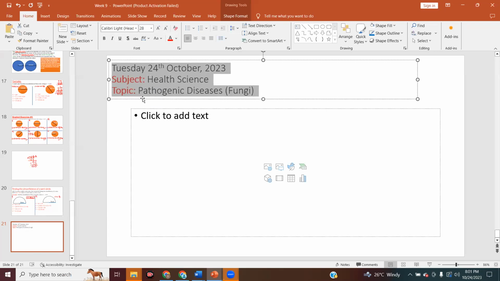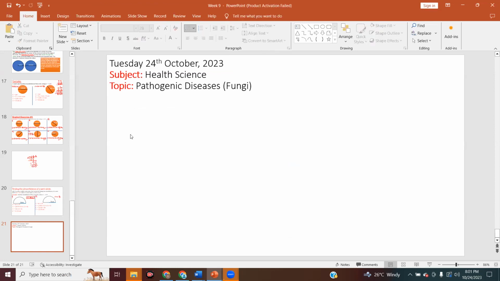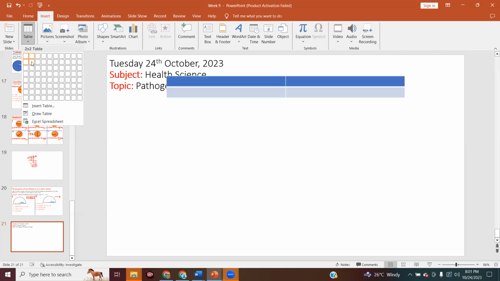All right, so when we look at fungi, when it affects the body, we have it listed as one of the pathogens. When we have these fungi inside the body, they can cause disease. So we're going to be looking at the effect that certain fungi have on the body.